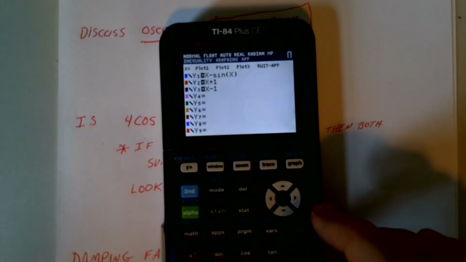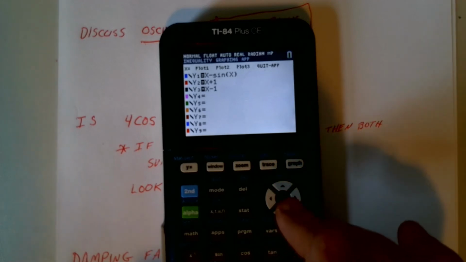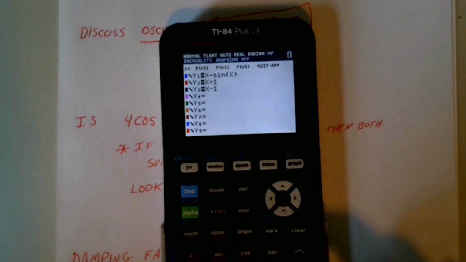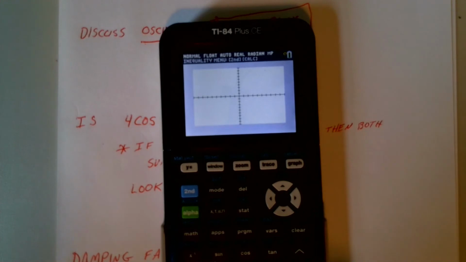Say that it was 3x, second function, insert a 3, and then graph like this. You would see that that line does the same sort of thing. I didn't change the other ones, just notice that it doesn't go there.